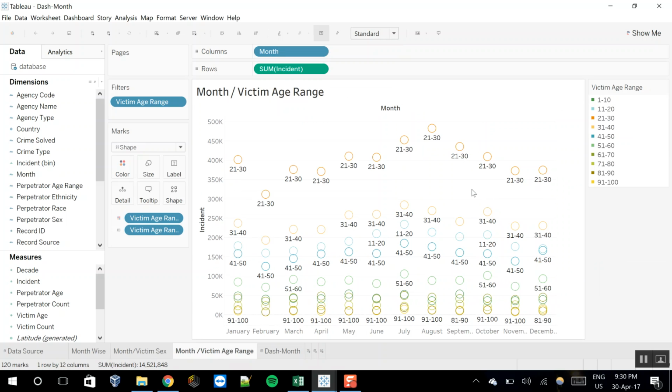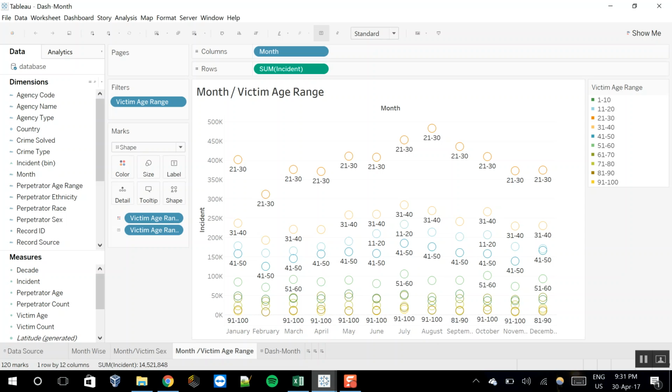Here we want to see if there is a relationship between the victim age range and the month. We can see that in the month of August most of the incidents happened with the victim age range from 21 to 30, while for others it was July, as we have seen in the earlier graphs.